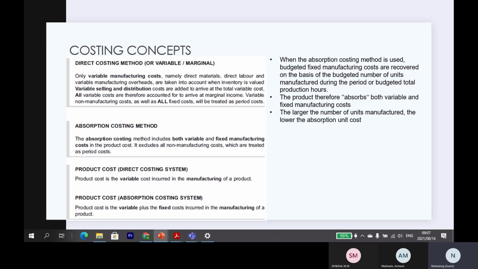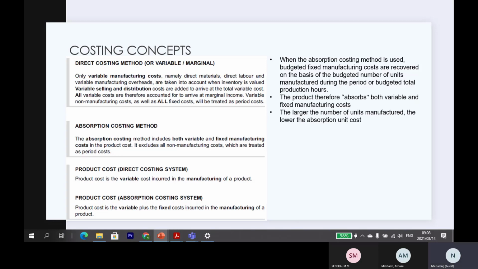Fixed costs and variable non-manufacturing costs are treated as period costs. Your period costs are your expenses, so they come after your contribution. So already by saying this, you can see the income statement and its layout, right?